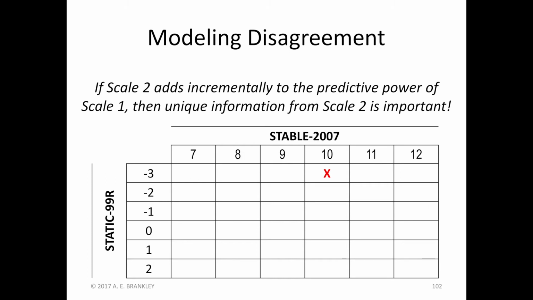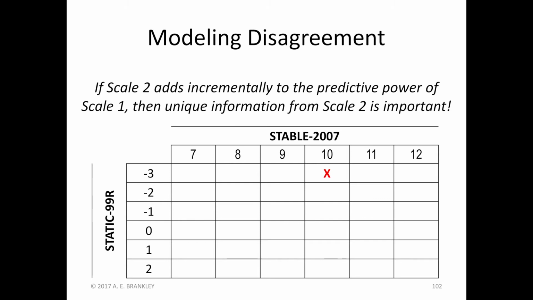But he also scored a 10 on the STABLE 2007. Now intuitively, we are a bit concerned by this combination because a score of 10 is much higher than we would have guessed given his static score. The two tools are giving relevant but conflicting pieces of information, represented here by the red X.